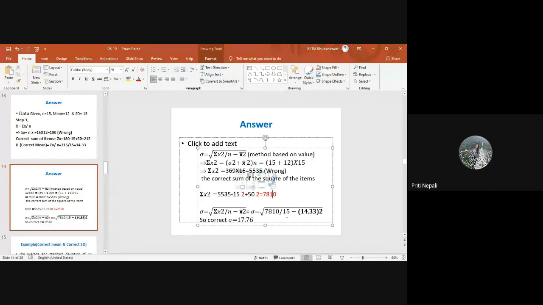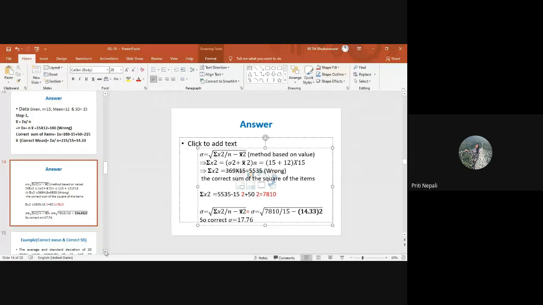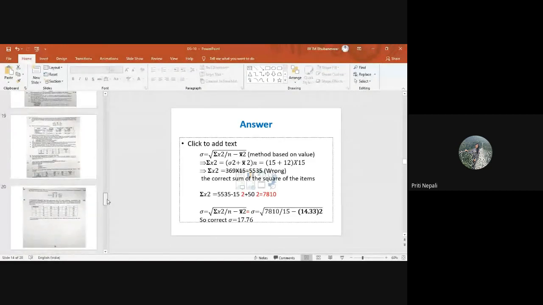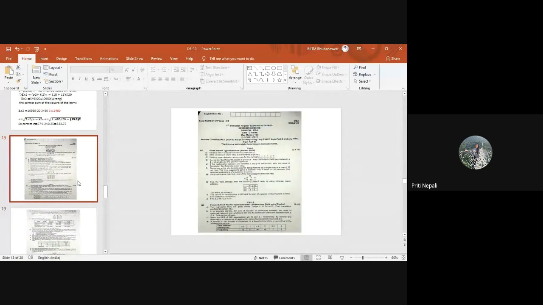Yes, sir. Moving to the next one. Before proceeding, I will show the typical. Is it visible to all? Clearly visible to all? No, sir. Not visible. Not clear. Okay, I will just tell you.